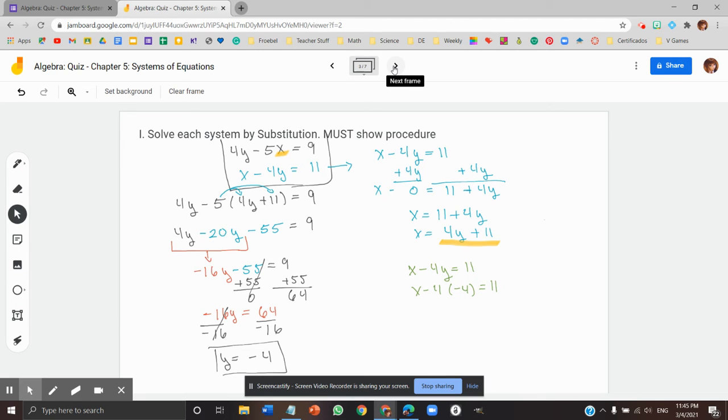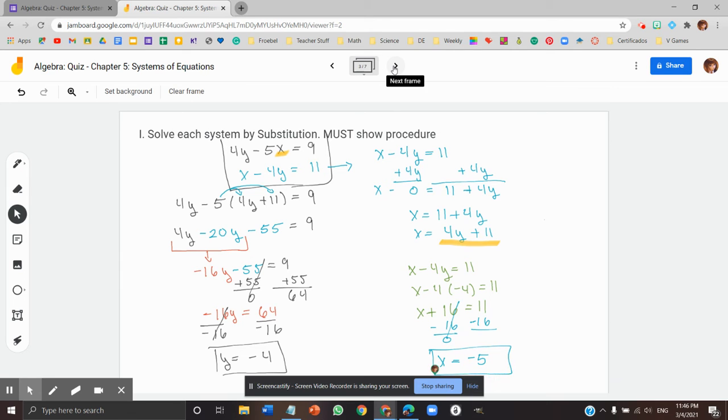And how much is negative 4 times negative 4? It's going to be positive, right? Positive 16 equals 11. Now I want to get rid of that 16, so I'm going to subtract 16 on both sides. That's going to be 0, and on my left side I'm going to be left with x. And how much is 11 minus 16? Negative 5.